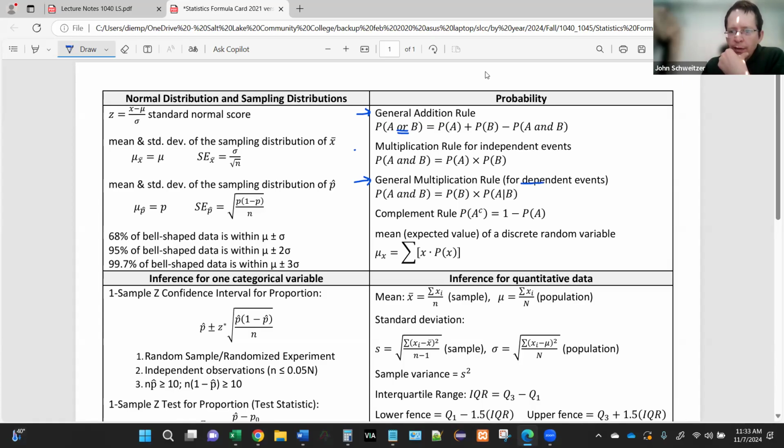This is for the case where we have dependent events. Then we also have conditional probability, and you can see that is part of this formula for the general multiplication rule. That's where we have something conditioned on something else. Then we have the complement rule, and then today, or maybe on Tuesday, we'll talk about the expected value. That's the last part we need.